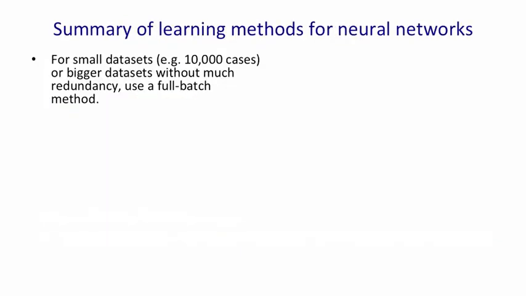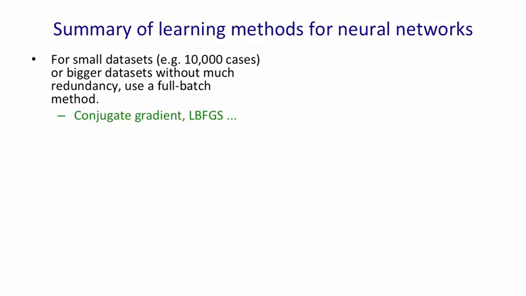So a summary of the learning methods for neural networks goes like this. If you've got a small data set, say 10,000 cases or less, or a big data set without much redundancy, you should consider using a full batch method. There are full batch methods adapted from the optimization literature, like nonlinear conjugate gradient, LBFGS, or Levenberg-Marquardt.